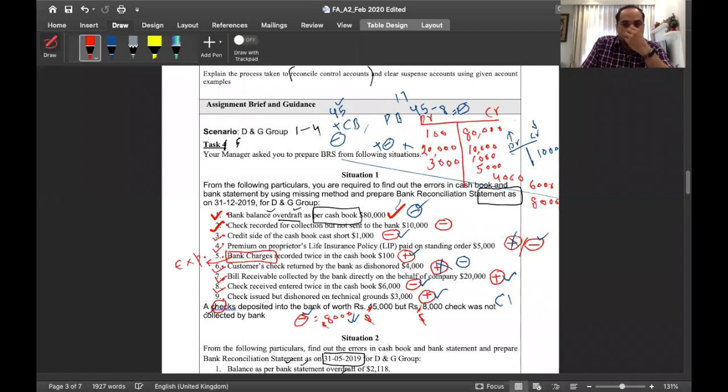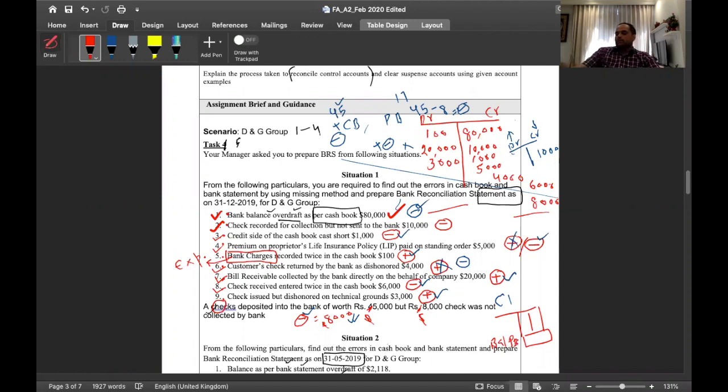So then you can check the balance, right? Can you tell me, according to your bank reconciliation statement, this is the balance as per passbook, right?